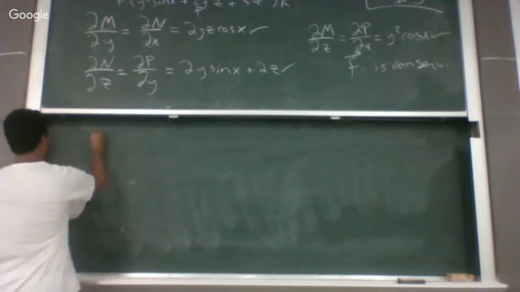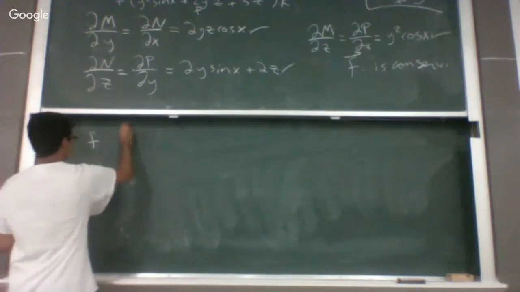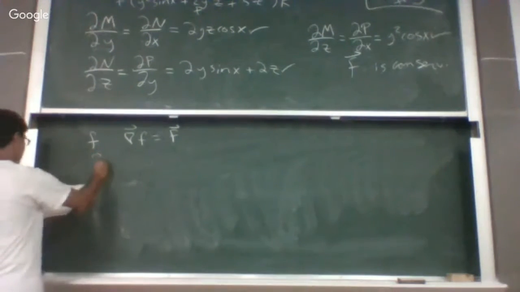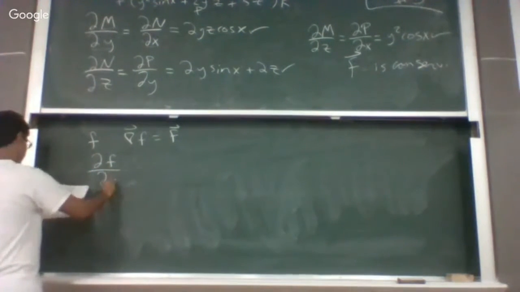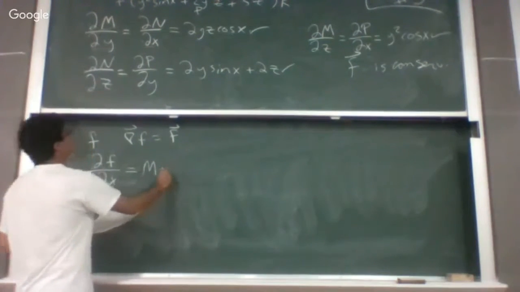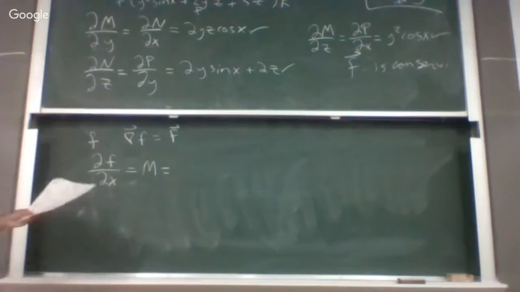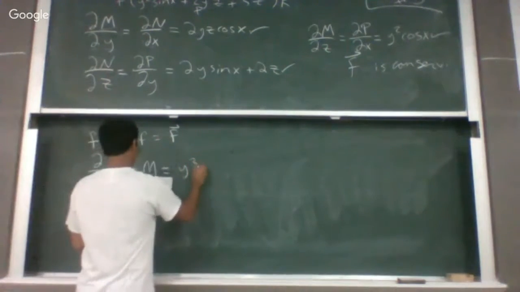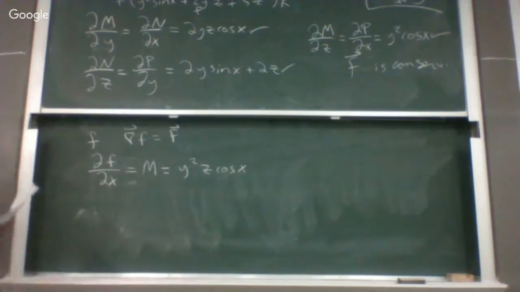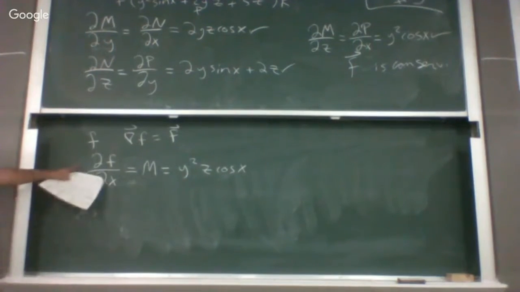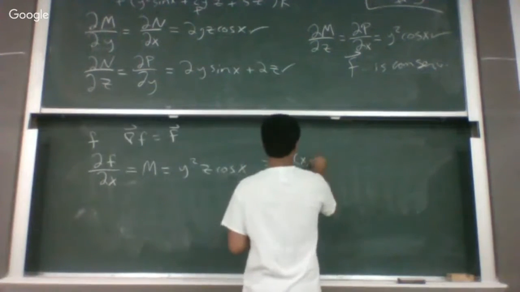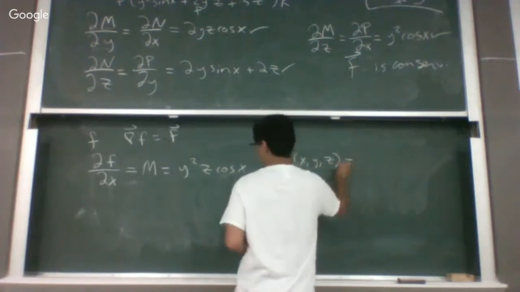Now we have to find f such that the gradient of f is equal to the vector F. Because of that, we know that the partial of f with respect to x has to be equal to M, which is y squared z cosine of x. So if we want to find f, we do the integral with respect to x.